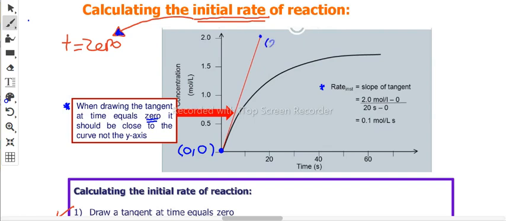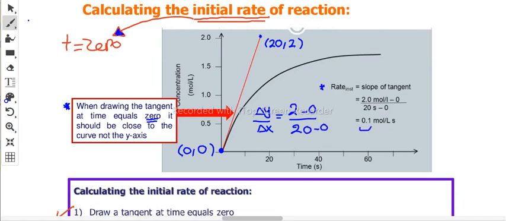So this is 20 on the x-axis, and this is my 2. So when you want to calculate delta y over delta x, as given inside the question, you're going to take 2 minus 0 for the y over 20 minus 0, and your final answer is 0.1.